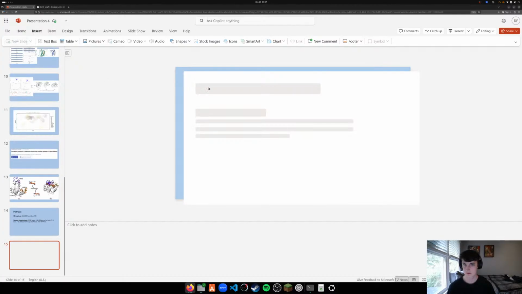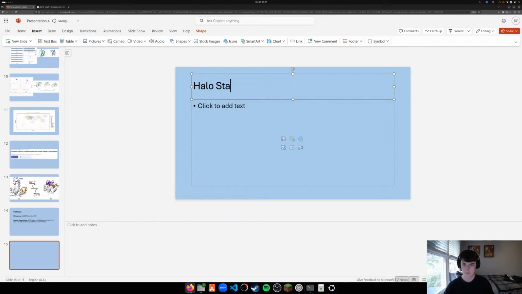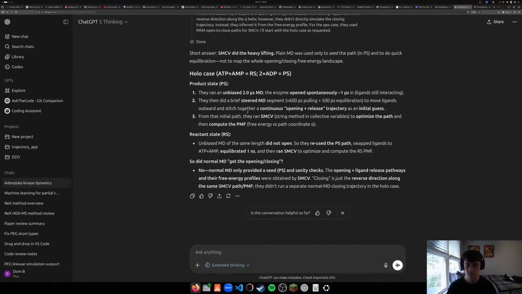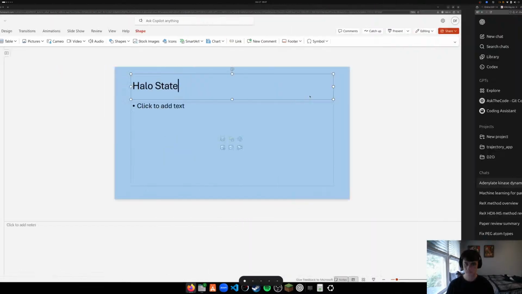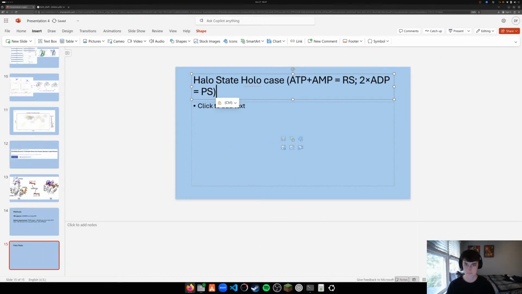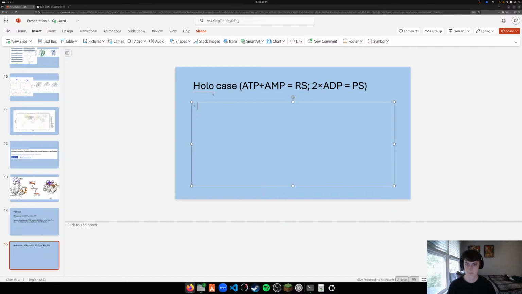So we'll do new slide. ATP plus AMP is the reactant state, 2-ADP is the product state.